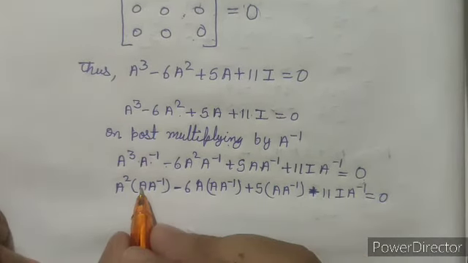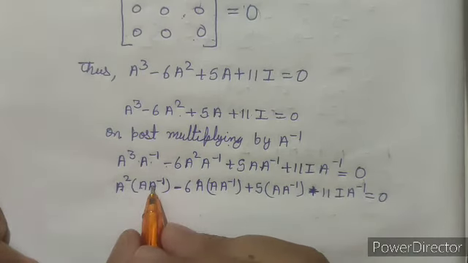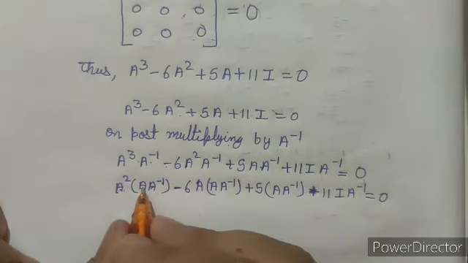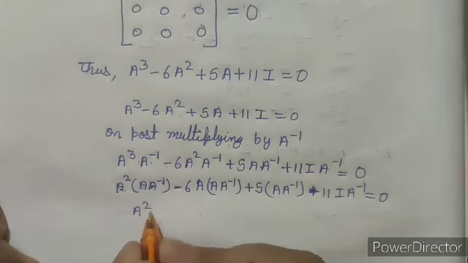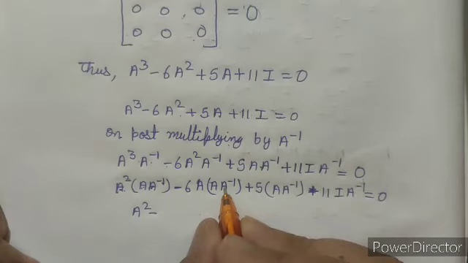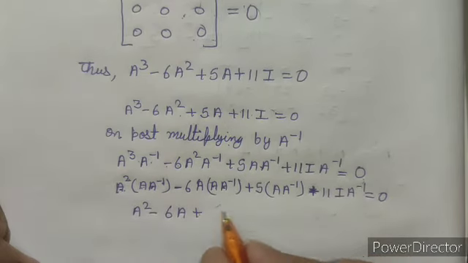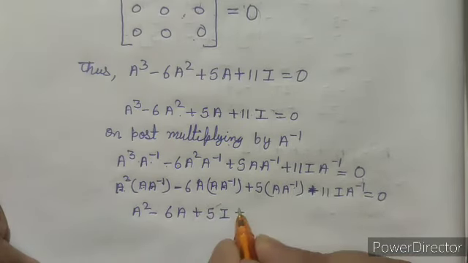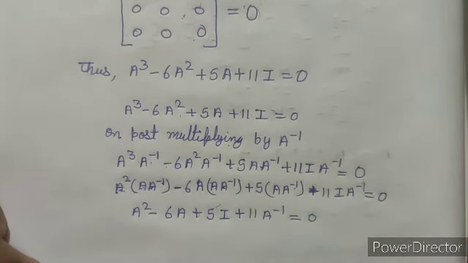As we know that A inverse A is equal to I, and any matrix multiplied by the identity matrix gives us the same matrix, A into A inverse will be I, A square into I will be A square, minus 6, again A into A inverse will be I, and A into I will be A, plus 5I plus 11 A inverse equal to 0.